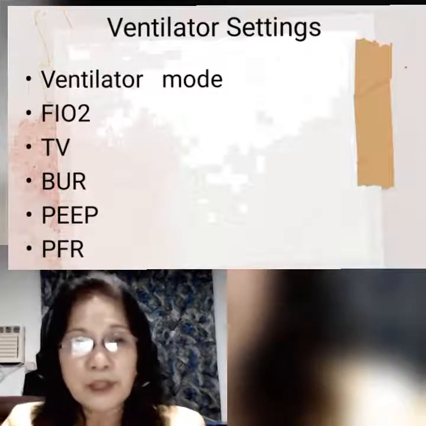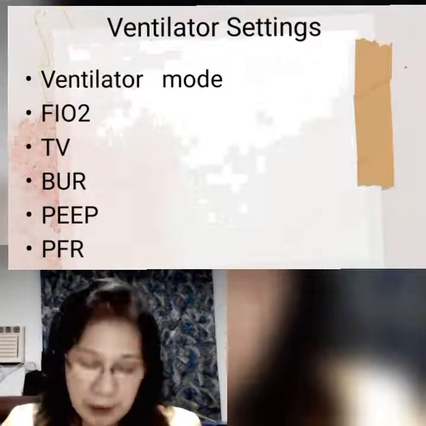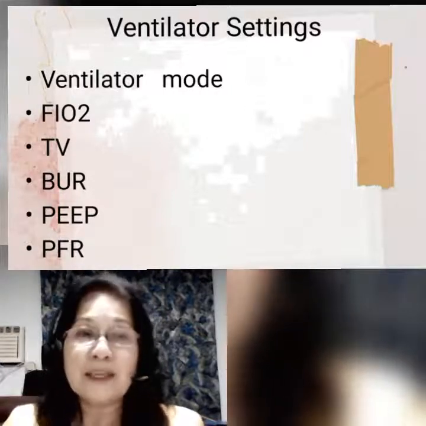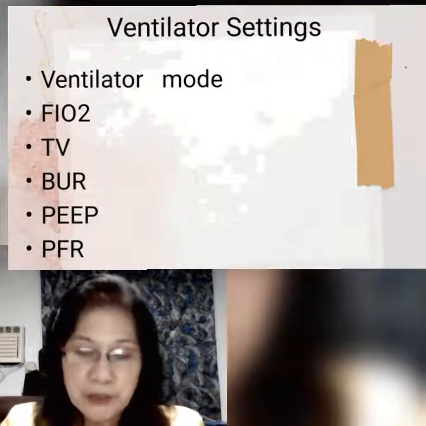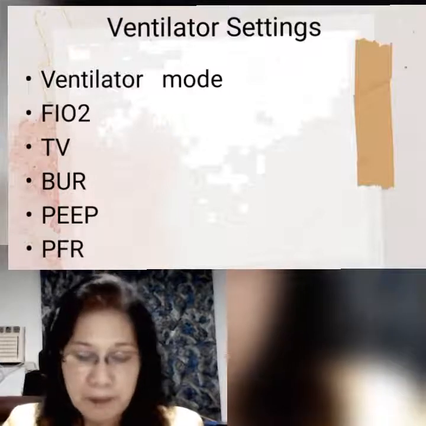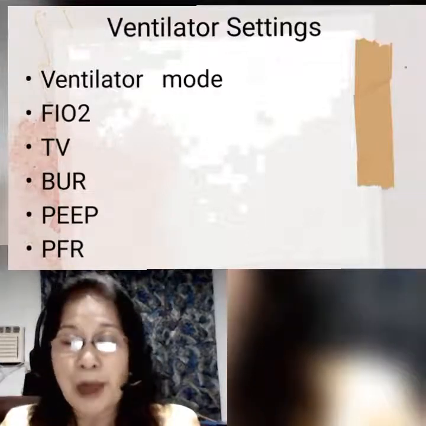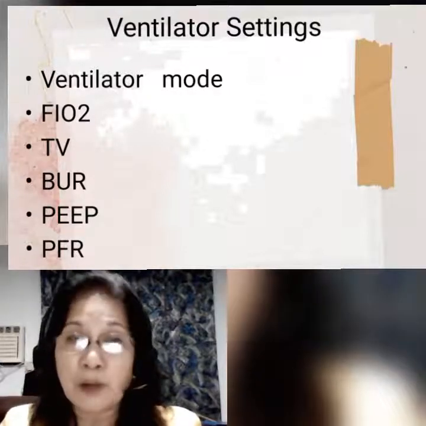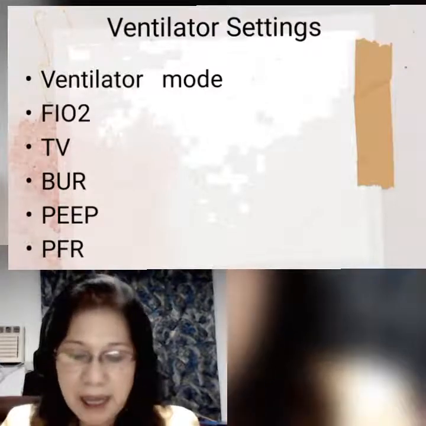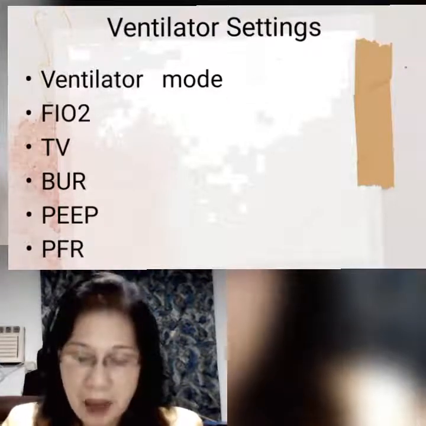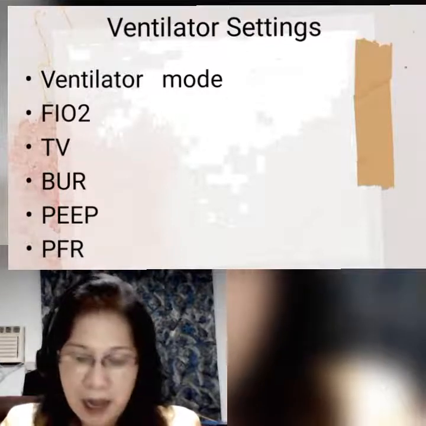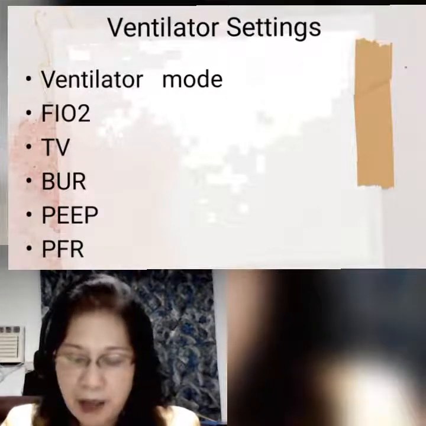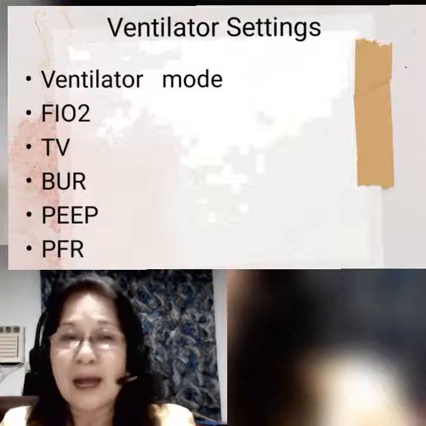Then you go to the PEEP. When you are talking about PEEP, that is your positive end expiratory pressure. PEEP increases the volume of gas remaining in the lungs at the end of expiration in order to decrease the shunting of blood through the lungs and improve gas exchange.